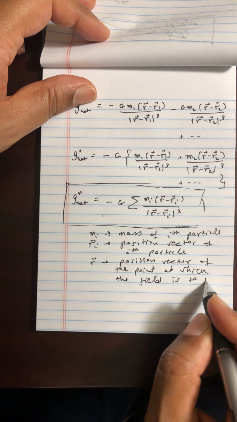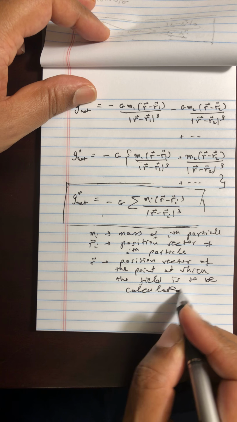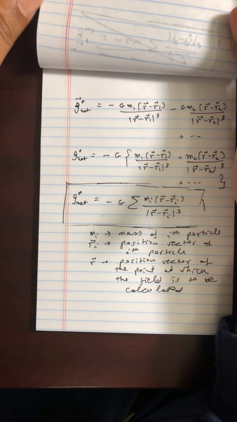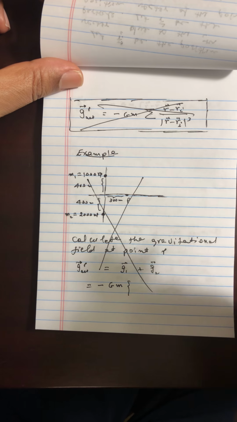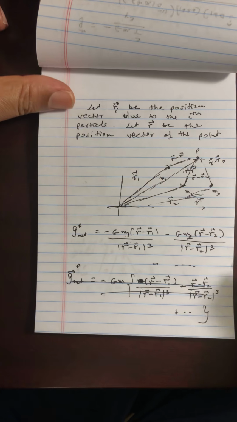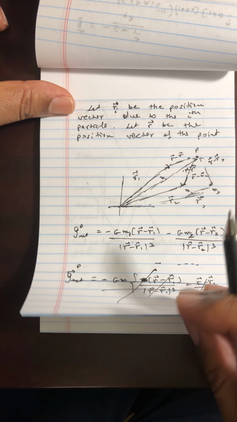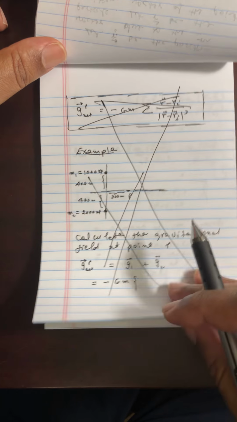So this will be the right formula for the field. This one is wrong, it cannot be factored out, and this is also wrong. Now let's write our example on the next page.